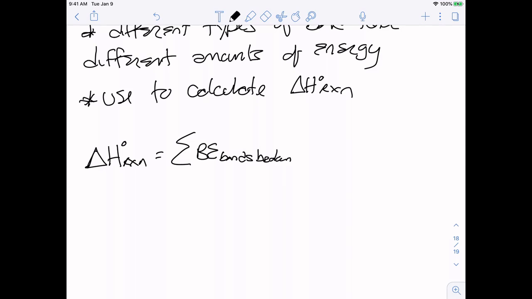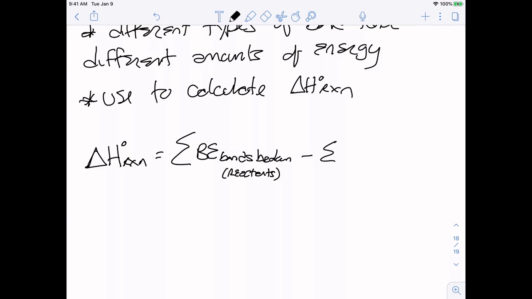And on your periodic table, it actually says reactants instead of bonds broken. I like to think about it as broken instead. But the reactants, you are breaking those bonds, right? When you go from reactants to products, you're breaking bonds on the reactant side, and then you're forming bonds on the product side.